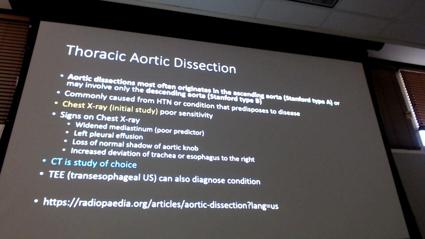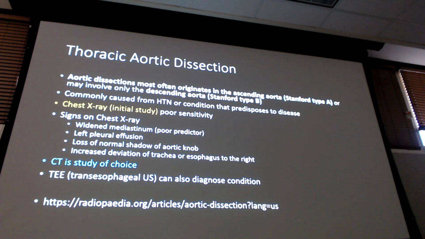Jumping into specifically the thoracic. Same thing, guys. X-ray, initial study. CT with contrast, study of choice. Same as the other aortic aneurysms. Transesophageal ultrasound can be used to diagnose it, but you're not going to order that. Cardiology is going to order that.